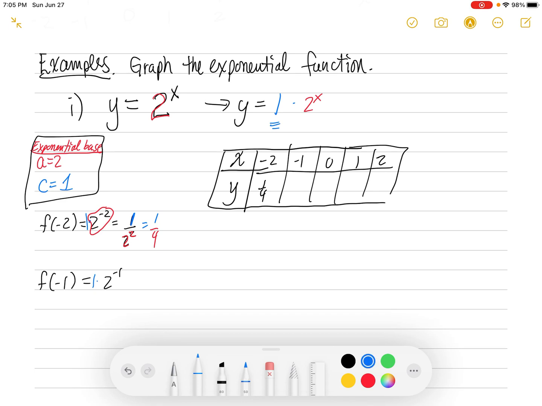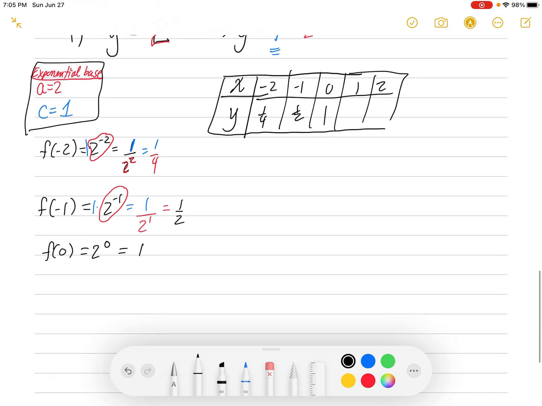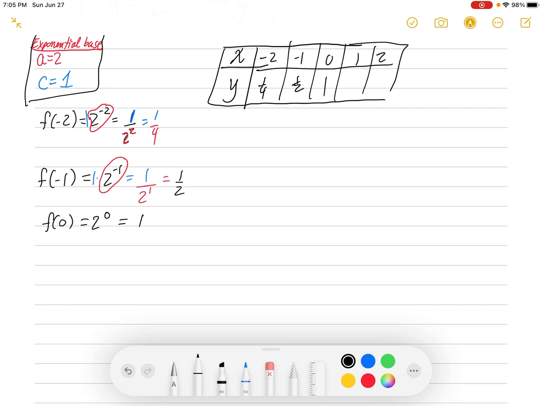Okay, let's say I wanted to find f of -1. I would have 2 to the -1. You can imagine there's a 1 out front. You leave that 1 on top, and you take the 2 to the -1 to the bottom. When it goes to the bottom, it becomes a positive exponent, so it's the same thing as 1/2. Then I find f of 0.